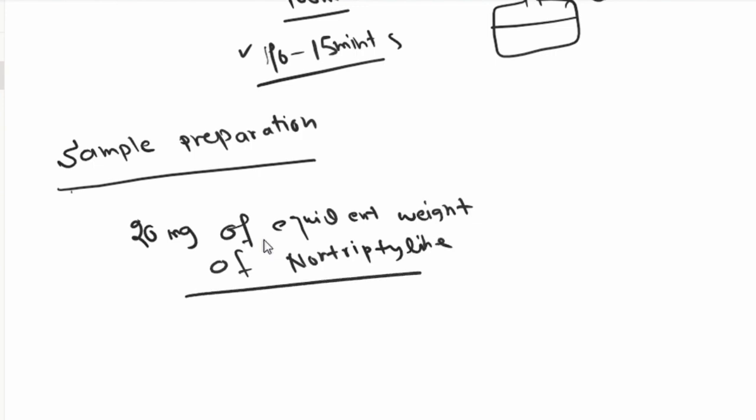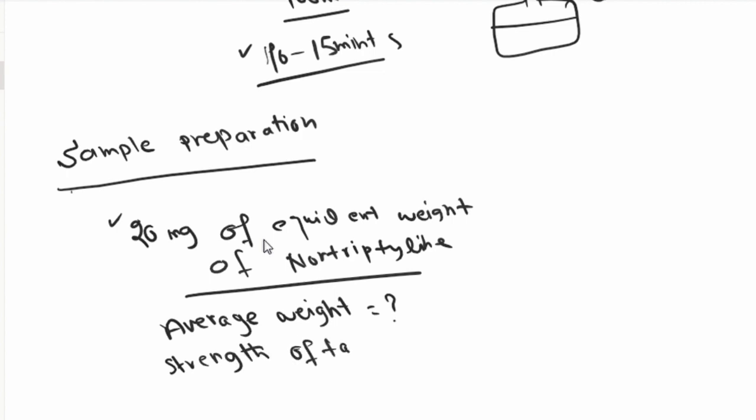You have to calculate how many mg that becomes, so you have to check the average weight. For calculating the equivalent weight, you must have the average weight, which should be mentioned in the specification. You must know the average weight of the tablet you are testing, and the strength of the tablet, 25 mg or 10 mg. If you know this, you will be able to calculate the equivalent weight.